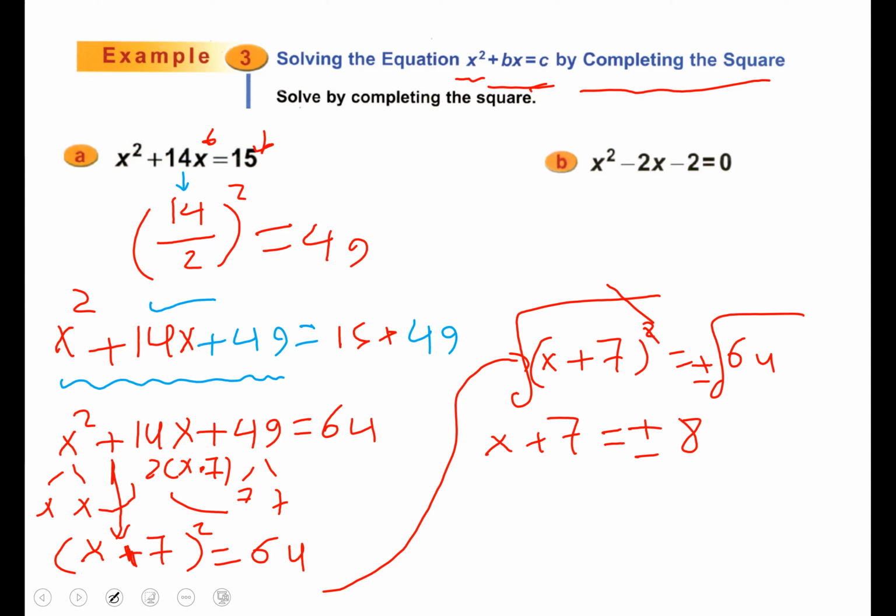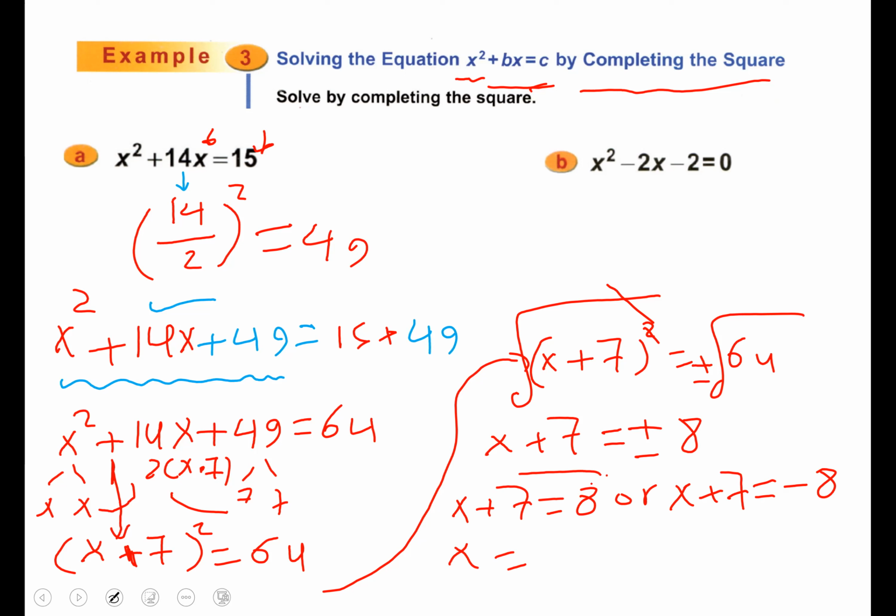And first, let's find the value of x. Don't stop, guys. You have to find the value of x. First one, you can say x plus 7 equals 8, or x plus 7 equals negative 8. And here x equals what?